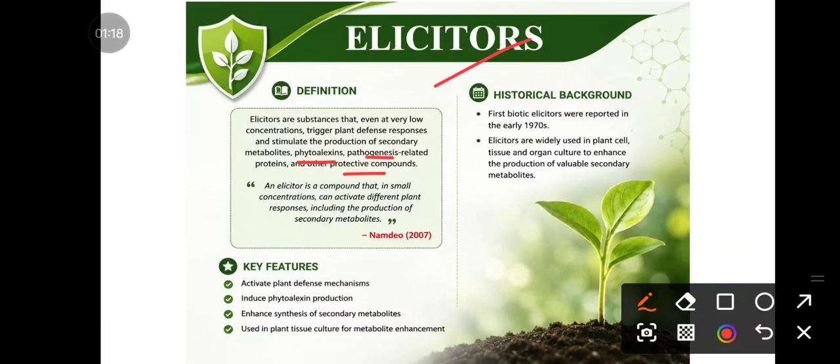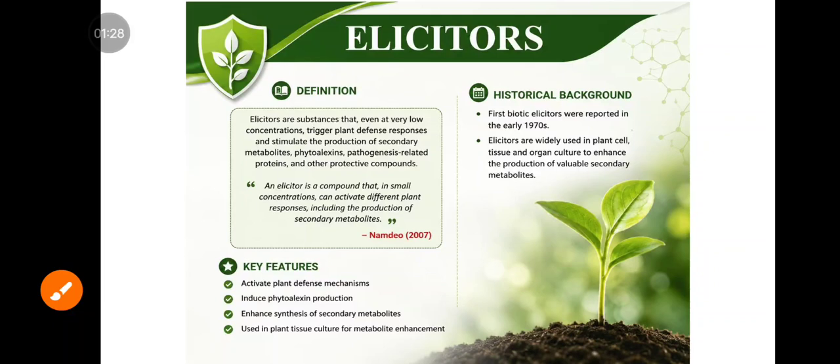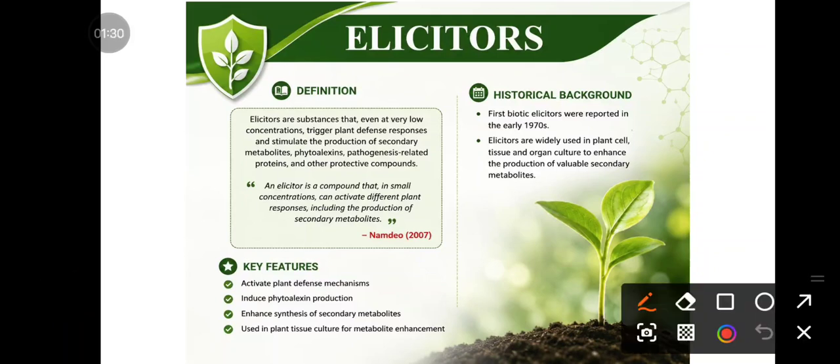From the name only, it suggests that it elicits something. What does it elicit? It elicits the plant defense response. So elicitors are the substances that trigger plant defense response.